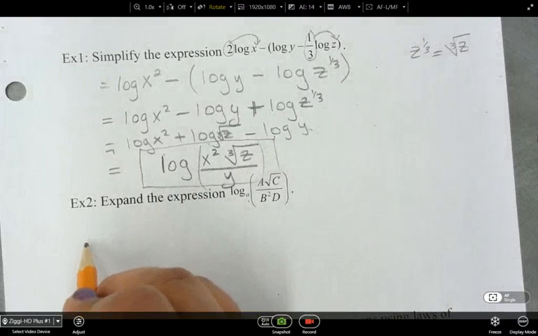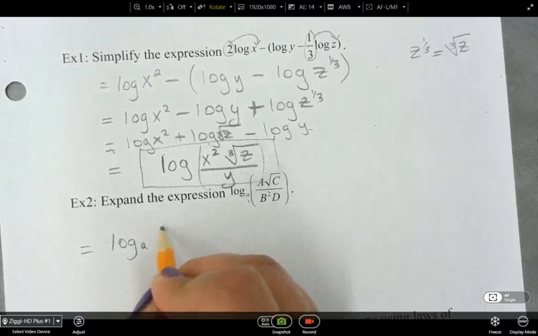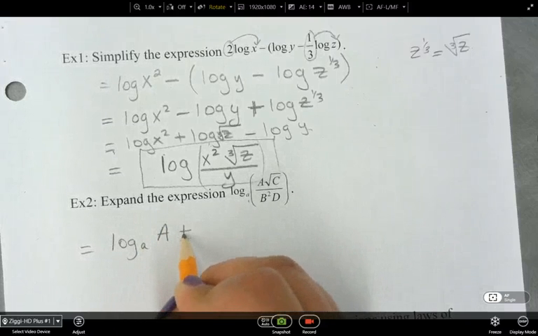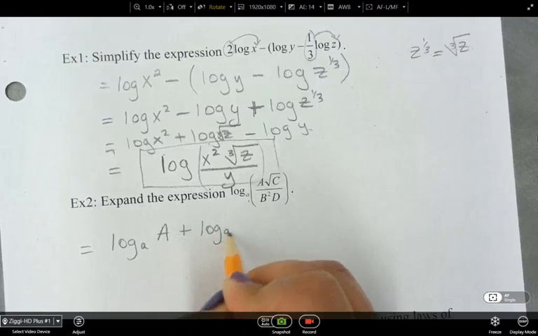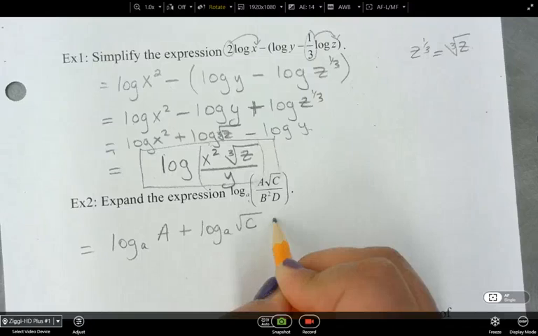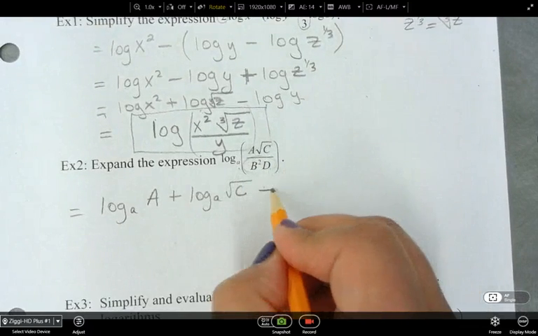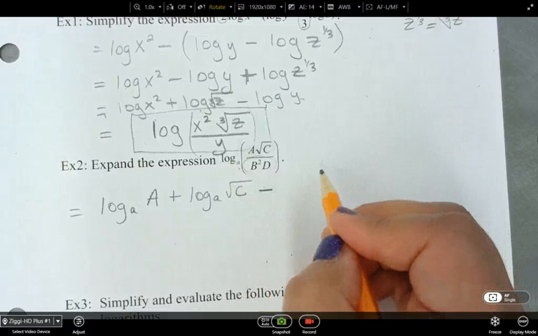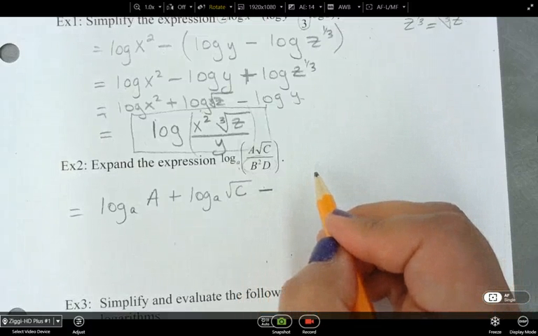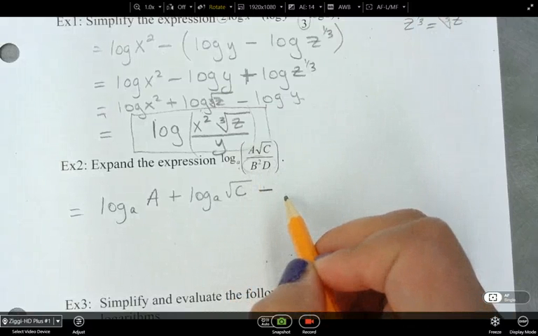So if I have log base a, capital A, plus log base a square root of c, and then to deal with these guys, which ones are we going to use? The second one, because they're dividing, right?